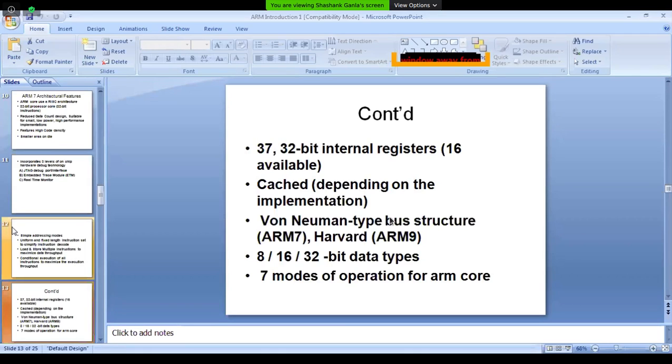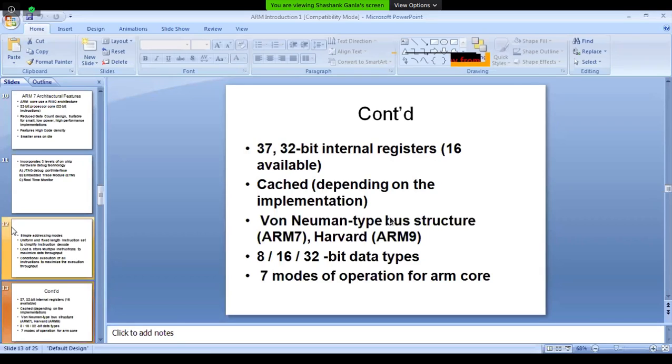ARM architecture supports instructions which, in place of transferring 32-bit data, can also transfer 8-bit data from source to destination. Or ARM architecture supports instructions which can also transfer 16-bit data from source to destination.